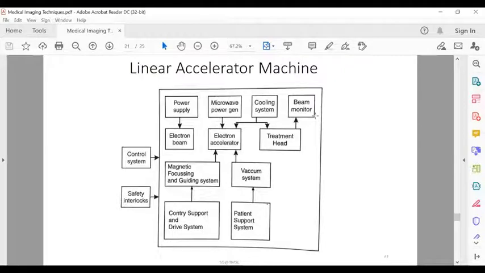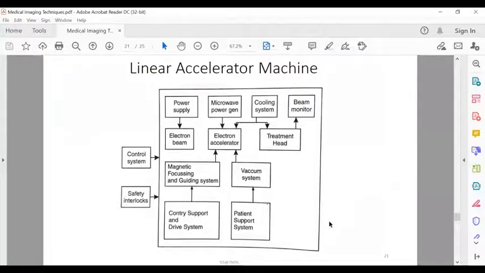It is designed to deliver a megavoltage X-ray beam suitable for modern radiotherapy techniques, and it comprises a gantry and stand, treatment couch, and control console. It produces energy ranging from 4 to 20 mega electron volts. Okay, and this type of accelerator is shown here. So it's one type of block diagram.